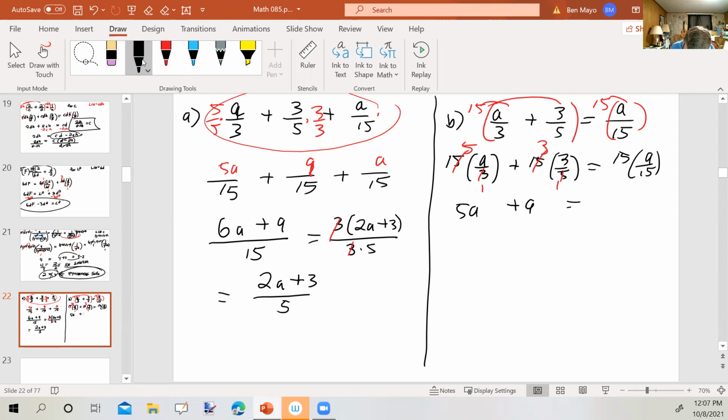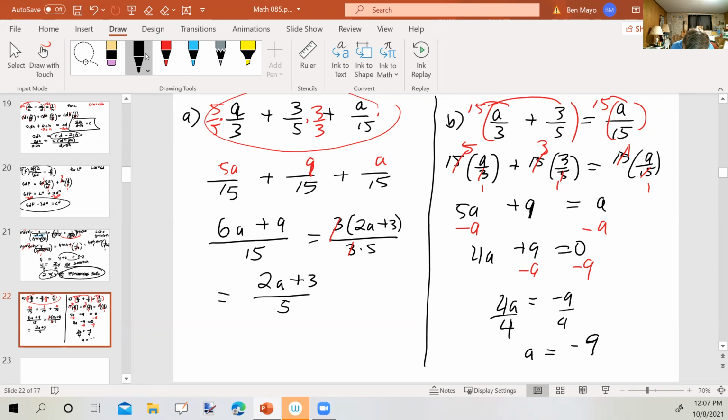So plus 9 equals 15 over 15 is 1 over 1. So that equals a. Okay, this is a 9. The others are a's. So I'm going to subtract a from both sides. I get 4a plus 9 equals 0. I'll subtract 9 from both sides and get 4a equals -9. I'll divide both sides by 4, and lo and behold, a equals -9/4. Let's try that again. a equals -9/4.